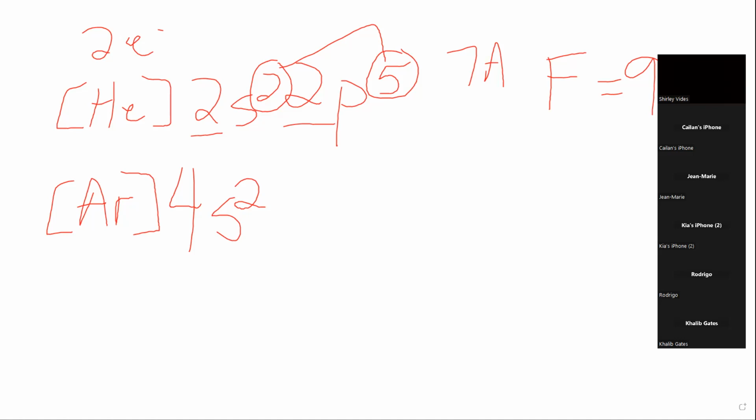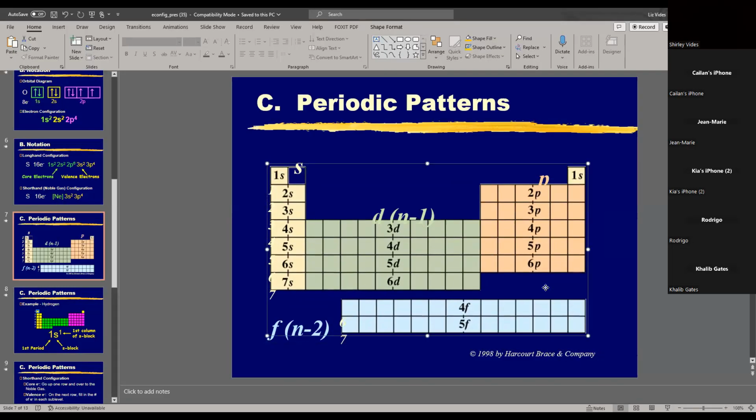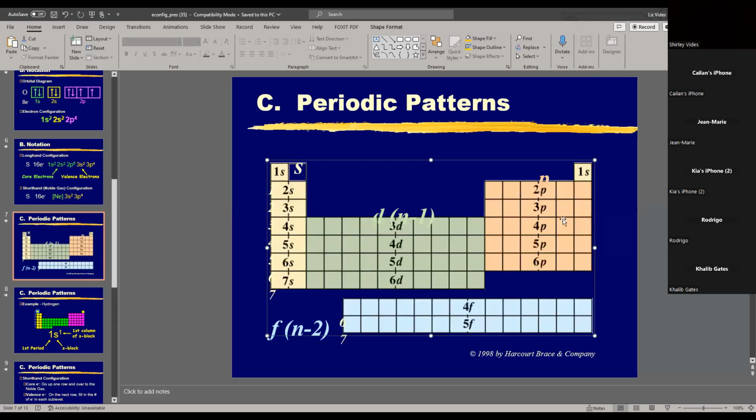Okay, new share. There we go. Now you can see it, right? So helium is right here.